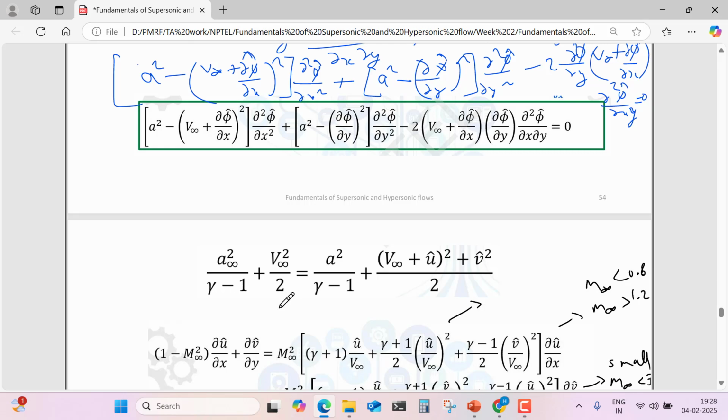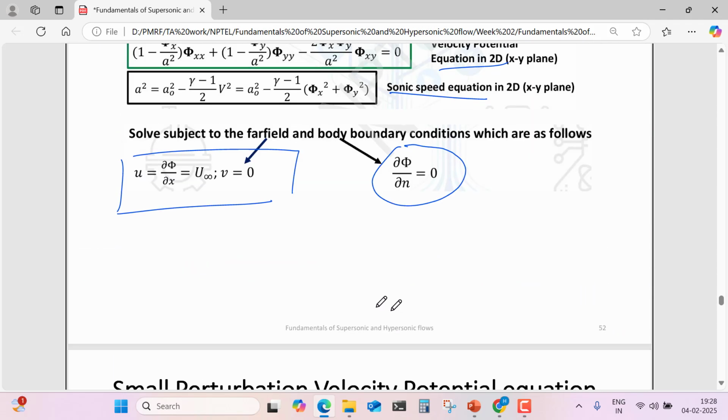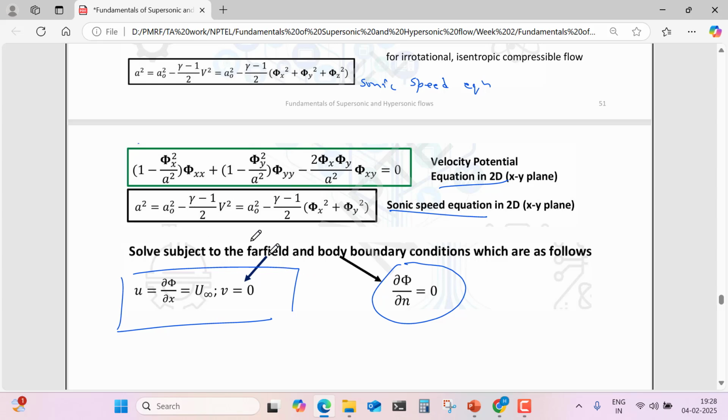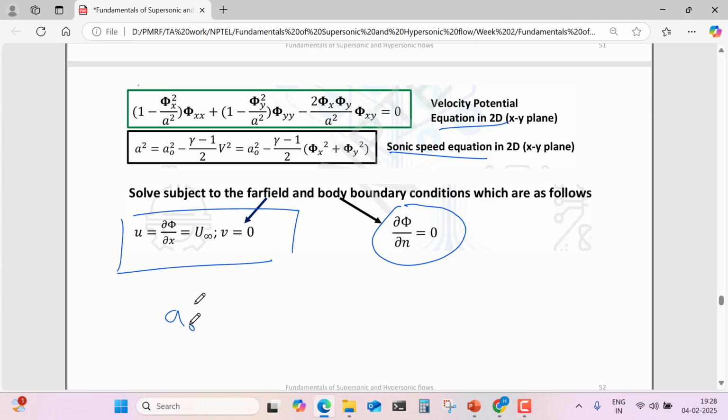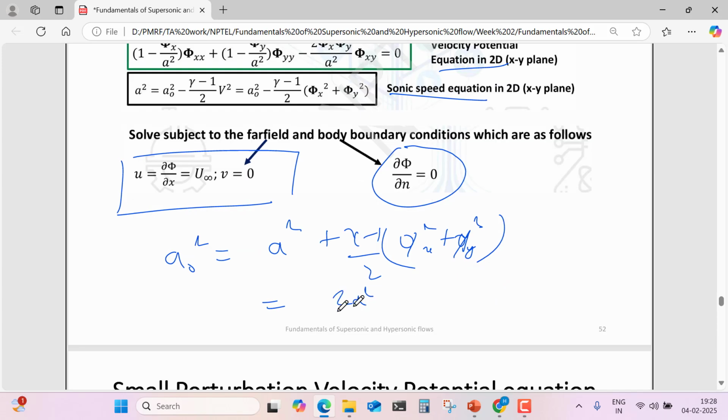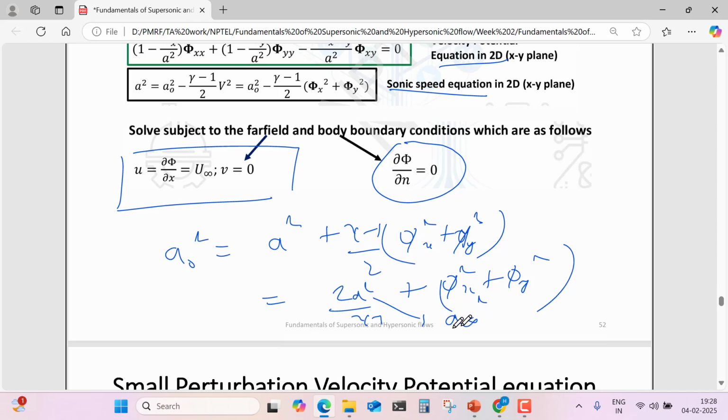Similarly, there is one energy equation also. So what was the energy equation? If we see this equation, a naught square equal to a square plus gamma minus 1 by 2 times phi x square plus phi y square, or it can be written as a square upon gamma minus 1 plus phi x square plus phi y square over 2. A square is nothing but a infinity square.